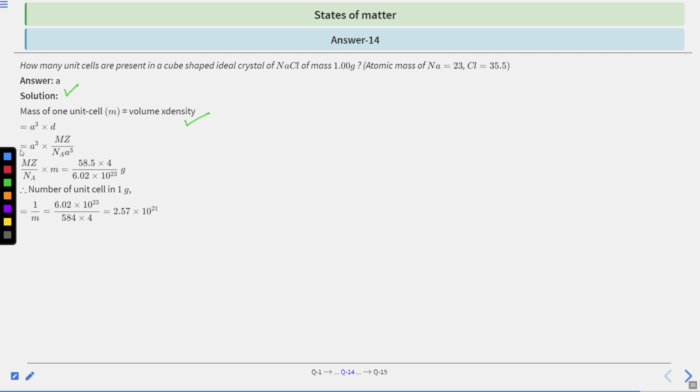So a cube will cancel out, and mz upon Na will multiply by m, which is equal to this term, this gram. So the number of unit cells in 1 gram will be 1 by m, that is this upon this, which will be equal to 2.57 multiplied by 10 to the power 21. So option A is the correct option.